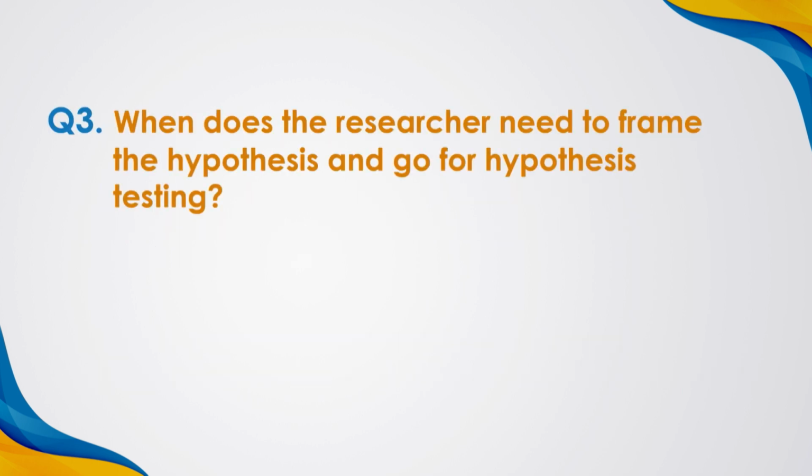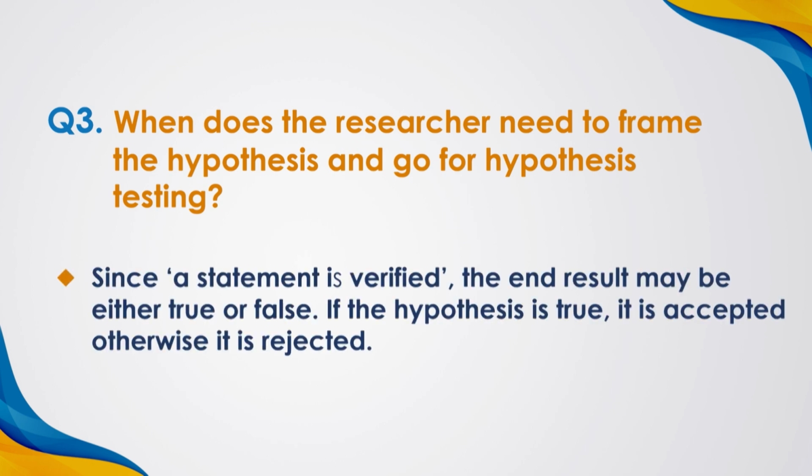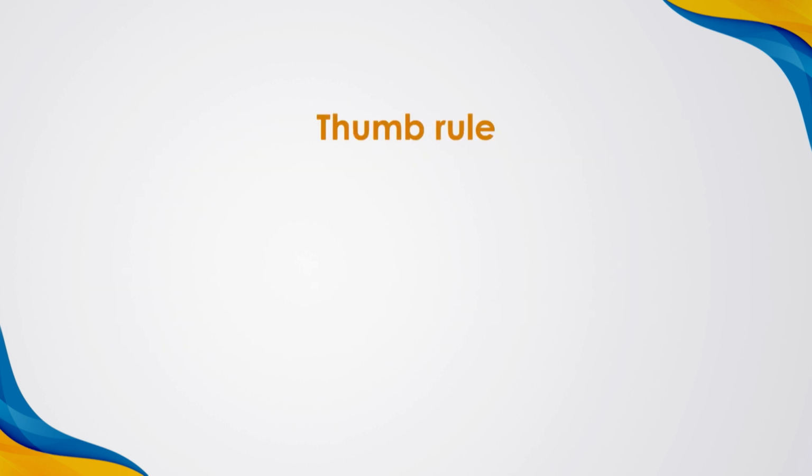Question number 3. When does the researcher need to frame the hypothesis and go for hypothesis testing? Since a statement is verified, the end result may be either true or false. If the hypothesis is true, it is accepted, otherwise it is rejected.